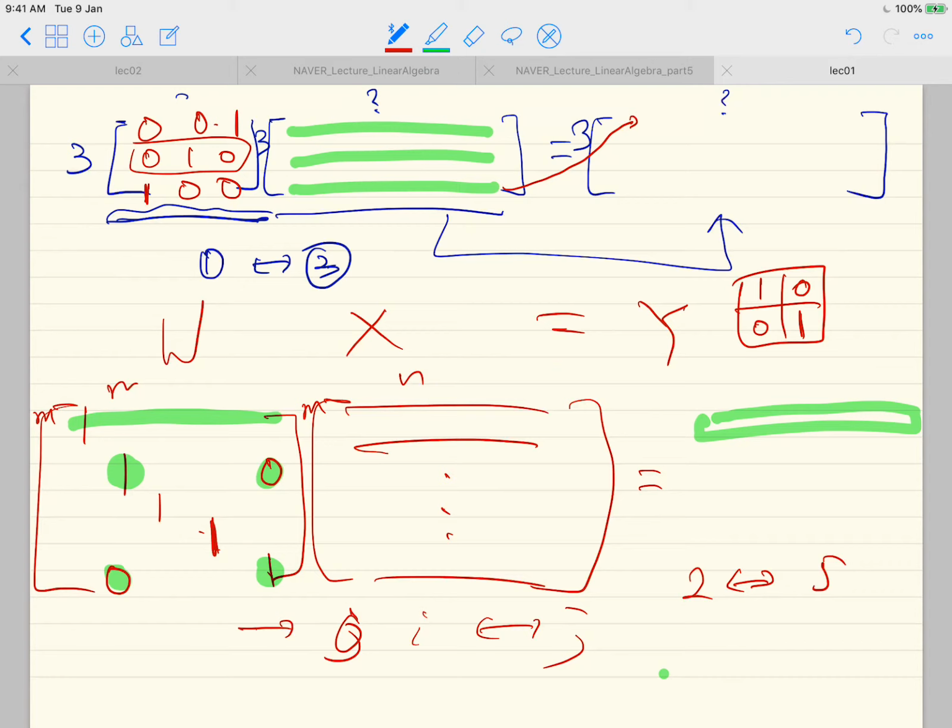And then we just do the row interchange: this one is placed over here, and this one is placed over here, giving 1 0. So it is easy, right?